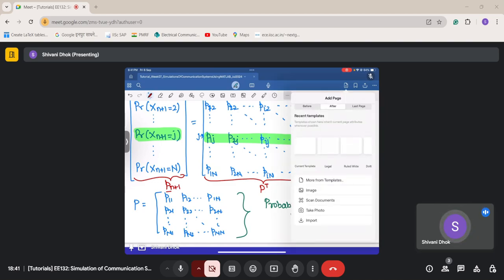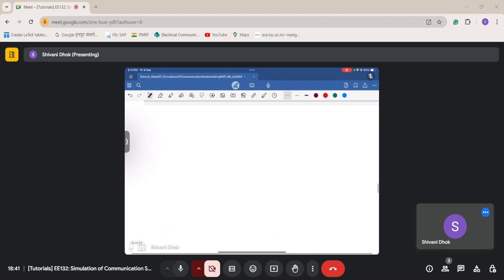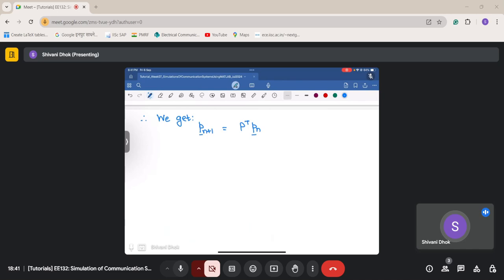Therefore, the relation that we get is that the pn plus 1 vector is P transpose pn. This is the answer for the first part.